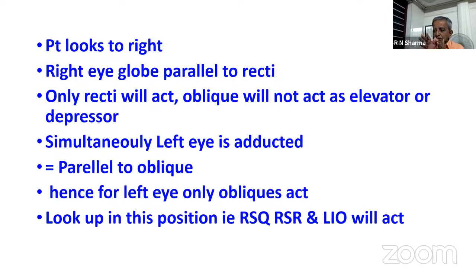I am maintaining a right gaze. I am looking downward. The muscles that are acting are right inferior rectus and left superior oblique, because the oblique is acting now for the left eye. So this is how we have to interpret the muscle action.